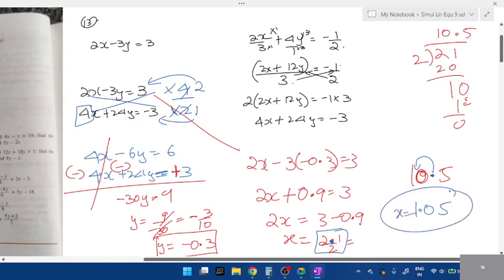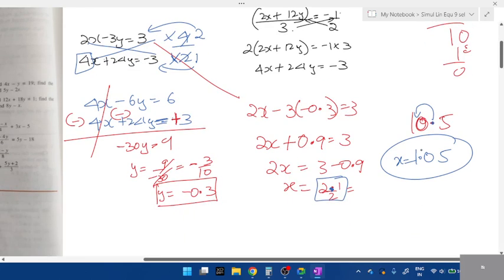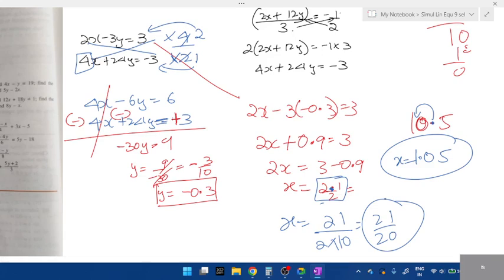If you want exact answer 1.05, if not, if you remove the decimal 21, you have to divide it by 10. So learn decimal calculation. It will be helpful to solve, if not just 21, 21 by 20.